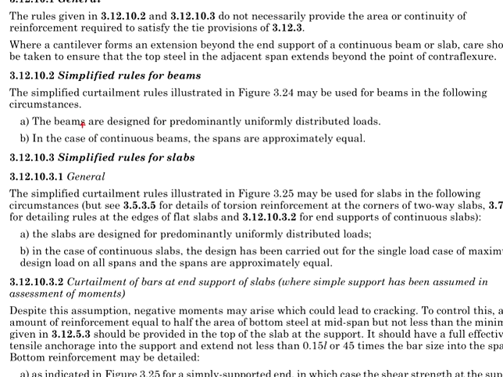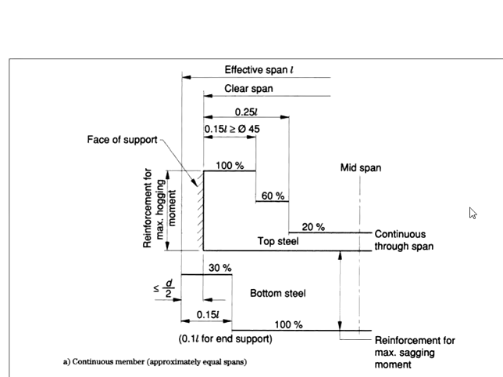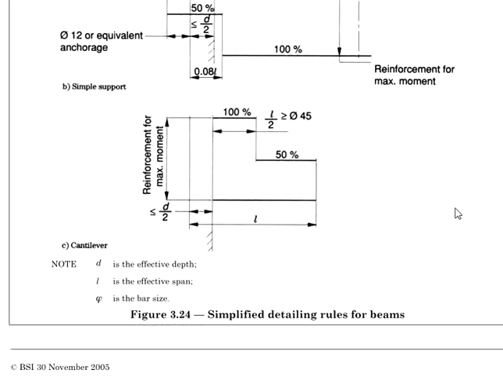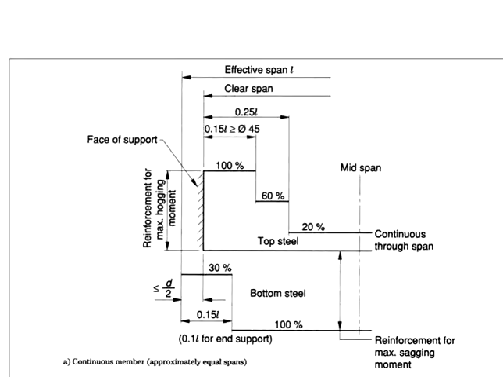Second, in the case of the continuous beam, the spans are approximately equal. Now, if you have point loads, or if your continuous beam spans vary significantly, the simplified rules given by the British Standard are theoretically not applicable.